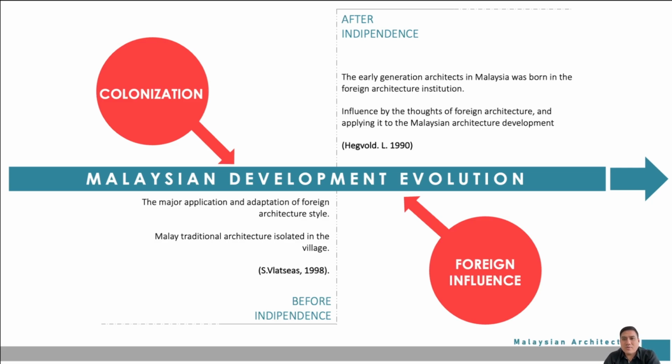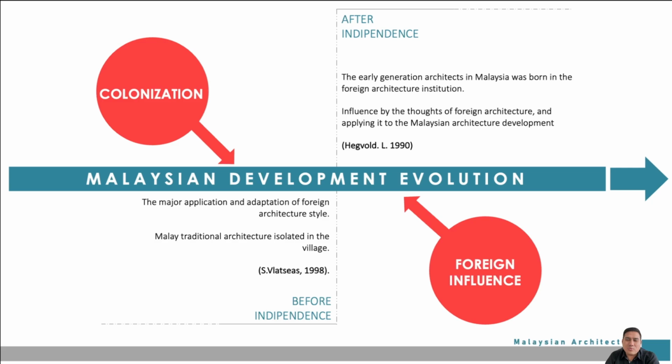What to do, because definitely in Malaysia during that time we did not have any architecture school established yet. So what they had learned in that particular institution, in that particular country, had a strong tendency to be applied in Malaysian architecture development.